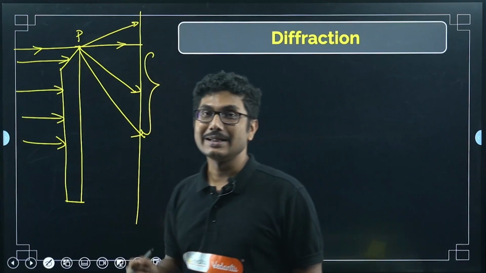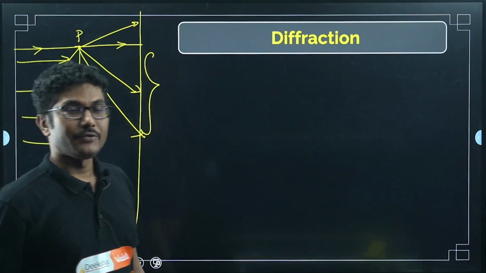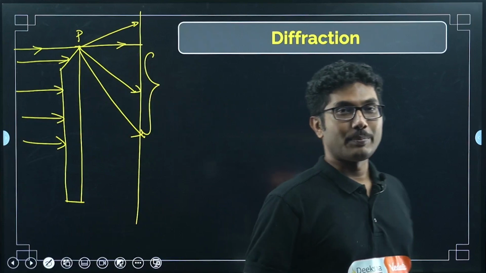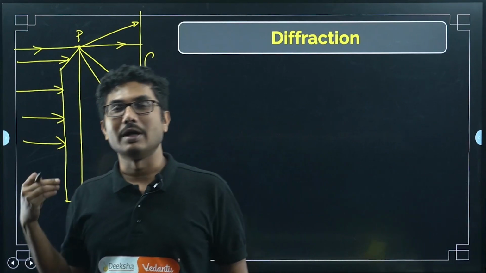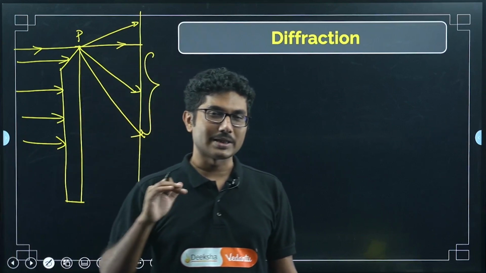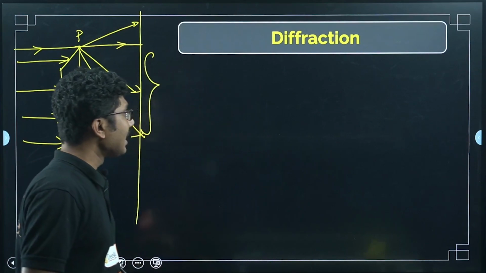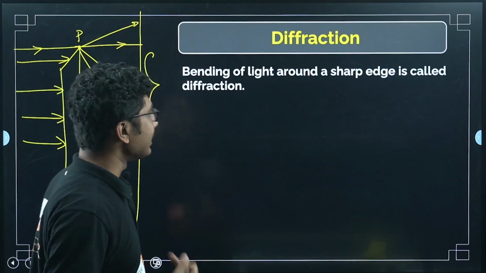This is called diffraction, and actually we observe it. If you place two razor blades close to each other and light it up with a laser light, you can observe diffraction at home as well. The bending of light around a sharp edge is called diffraction.